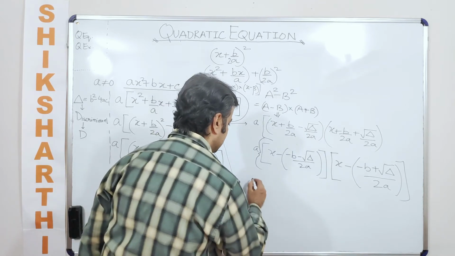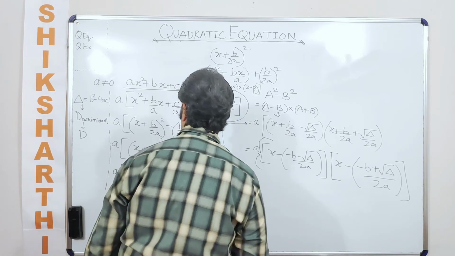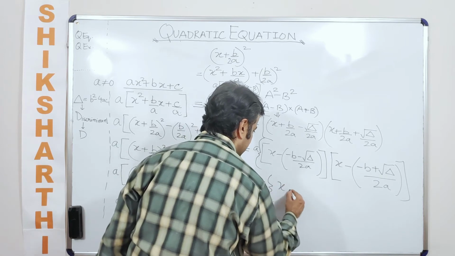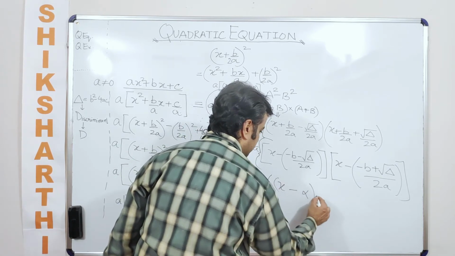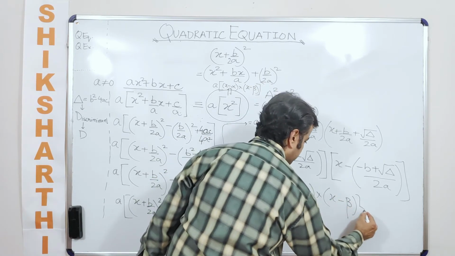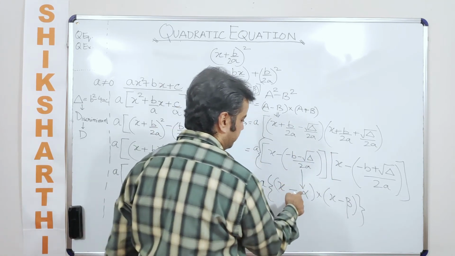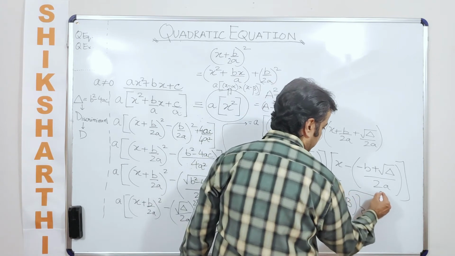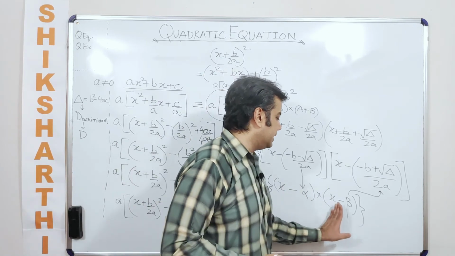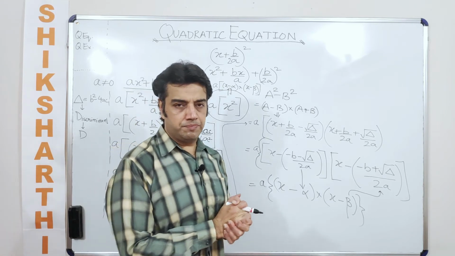So now finally I can say that this is nothing but a times of x minus alpha into x minus beta, wherein this value inside the parenthesis is the value of alpha, and this value inside the parenthesis is the value of beta. So now x minus alpha and x minus beta are the factors of this quadratic expression, right?